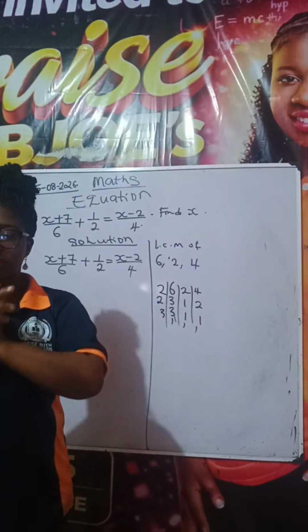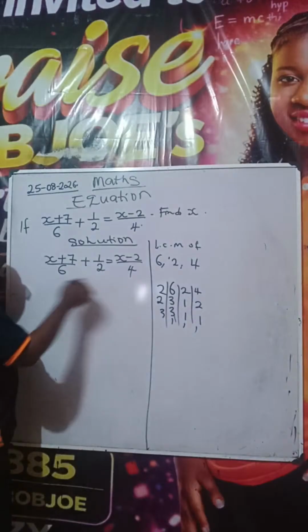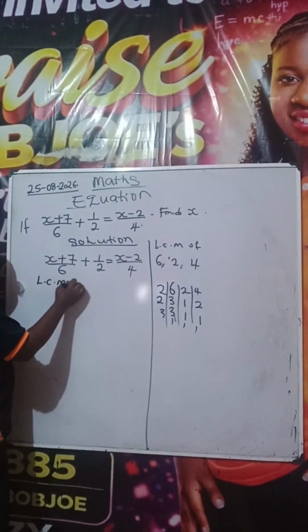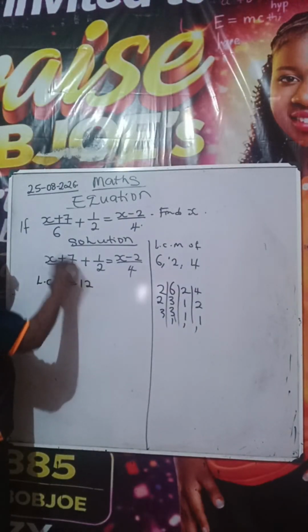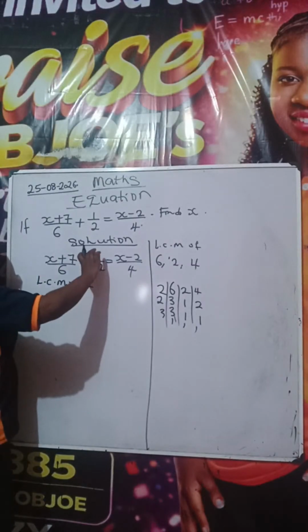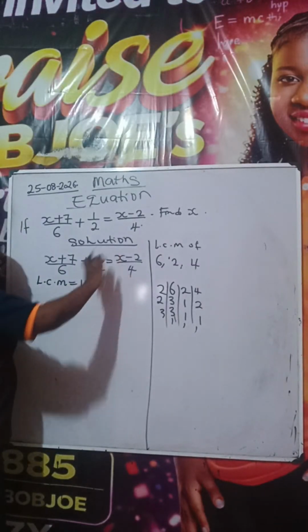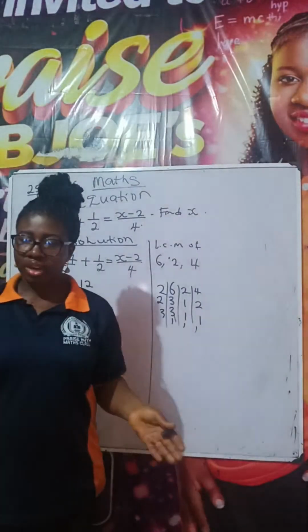Now, because the LCM is 12, I'm going to multiply through. I will use this 12 to multiply here, here, and here, to clear the fraction.